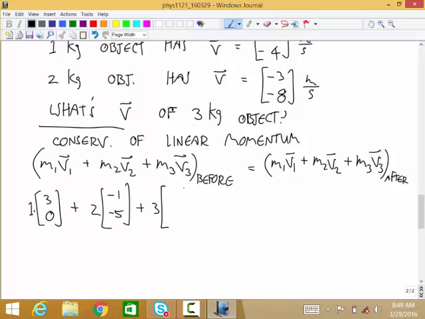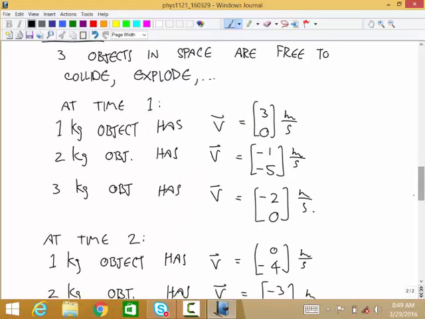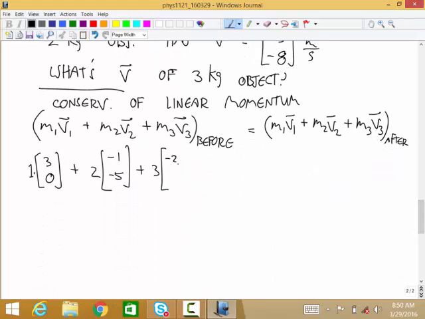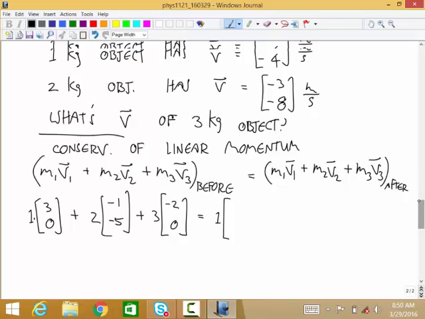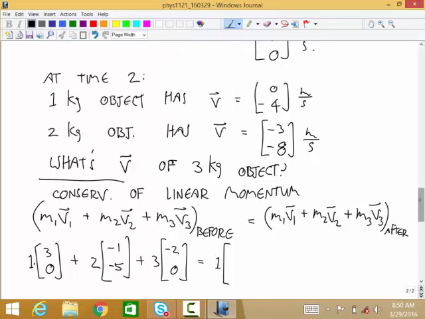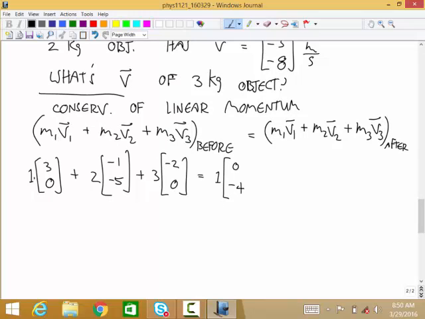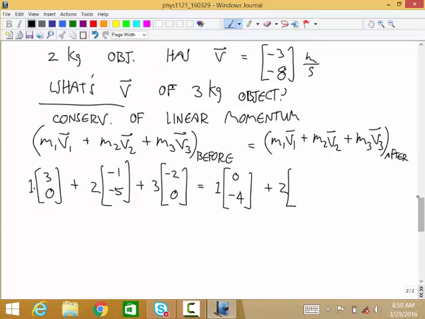And the 3 kilogram object has a velocity of -2, 0. Then at the later instant, the 1 kilogram object has a velocity of 0, -4. The 2 kilogram object has a velocity of -3, -8. And we're trying to figure out what the velocities of the 3 kilogram object are.